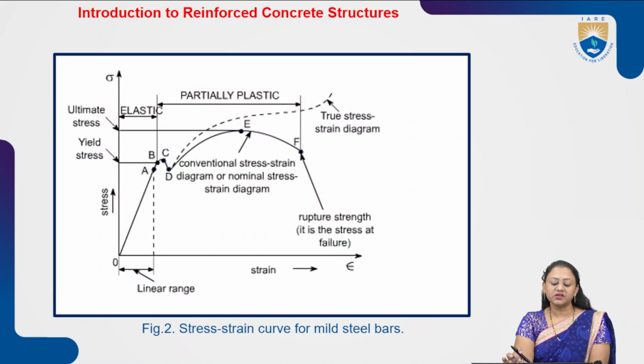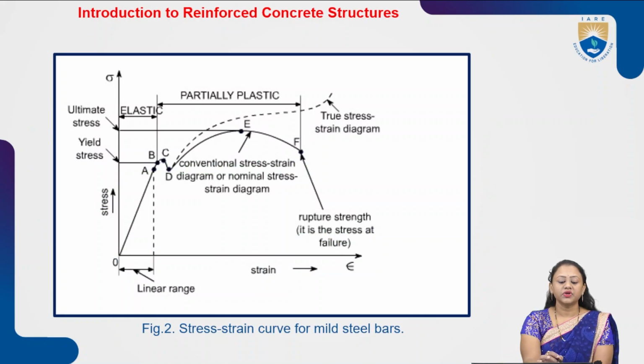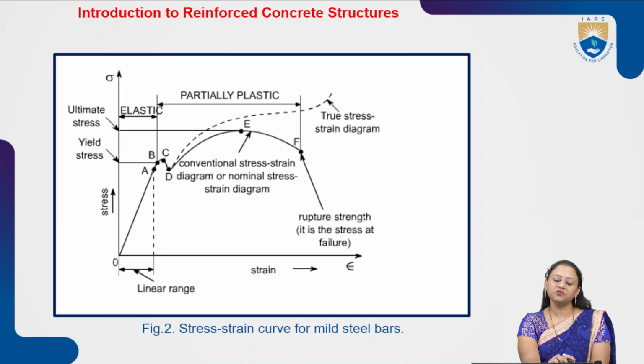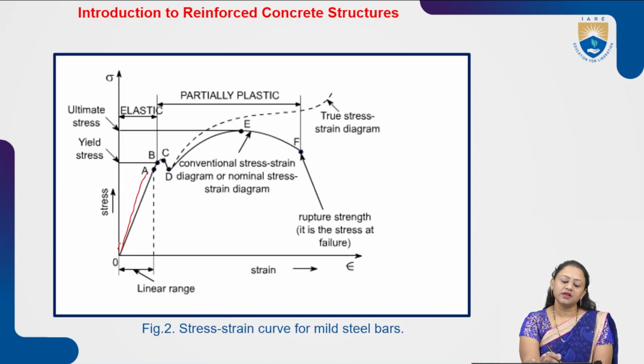So if we look at the stress strain curve for mild steel bars, we have also come across this diagram in the strength of materials course. We can see that initially when the stress and strain are increasing, they are directly proportional up to the point A. From here on, you can see the stress at B is the yield stress.